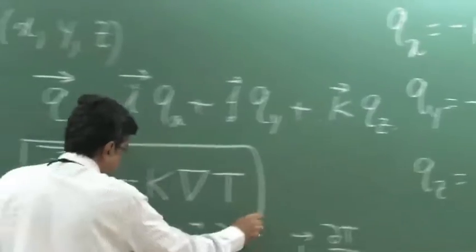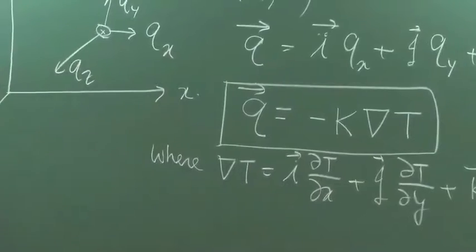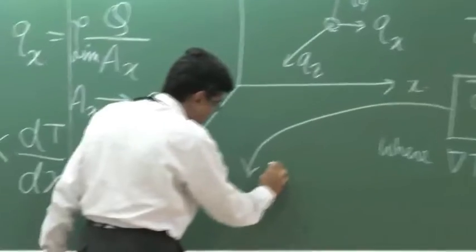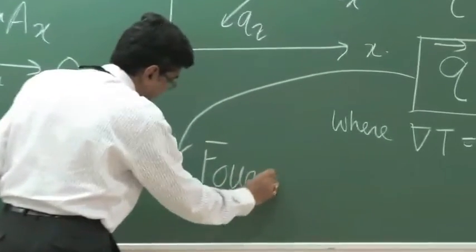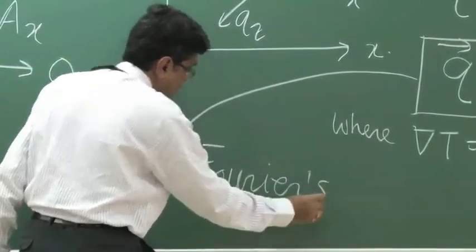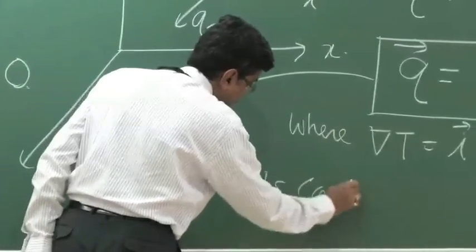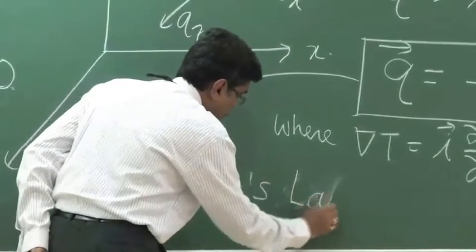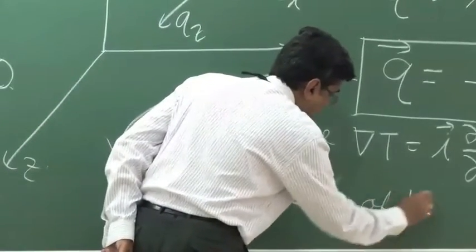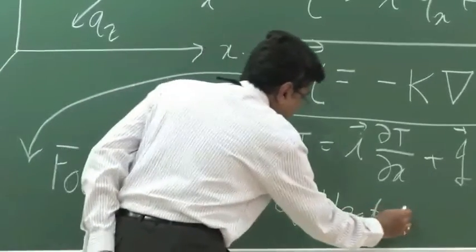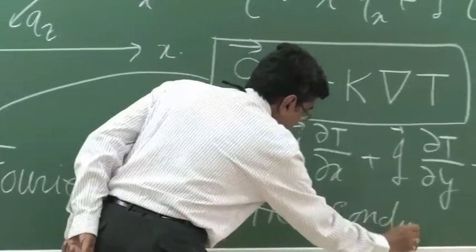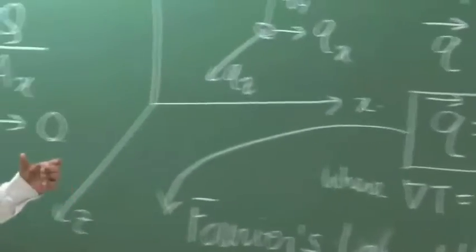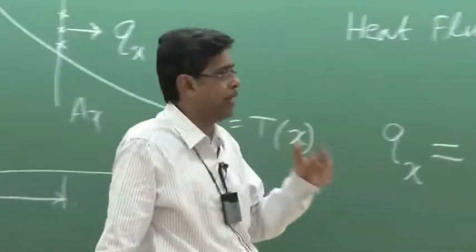This law, Q is minus k grad T, according to the name of the scientist, is known as Fourier's law of heat conduction, and this forms the foundation pillar of conduction and convection heat transfer.